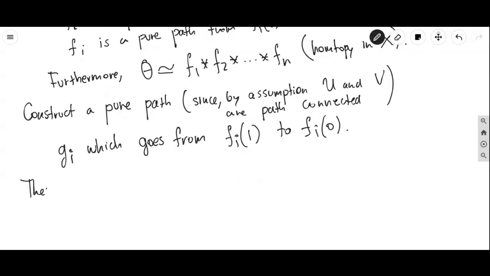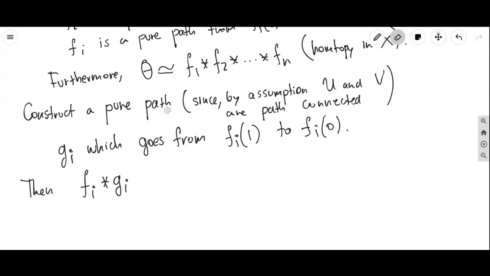Okay, and then if you do Fi composed with GI, then this is a closed loop at P. Actually, that's not good. I want it to be a closed loop at P, so that's not going to work. Let me change it. That's not correct.